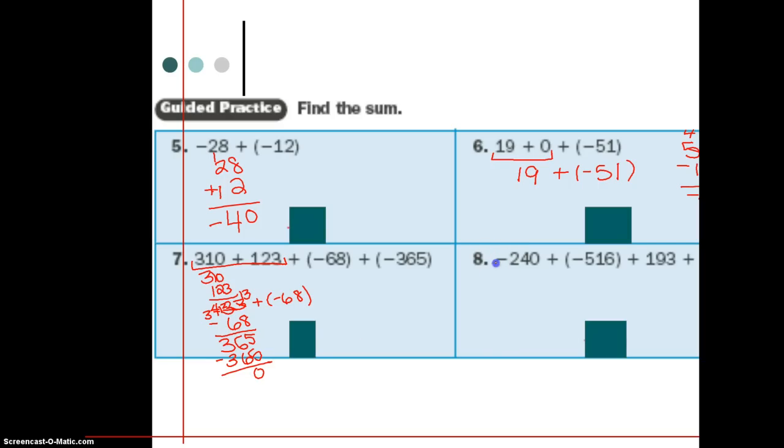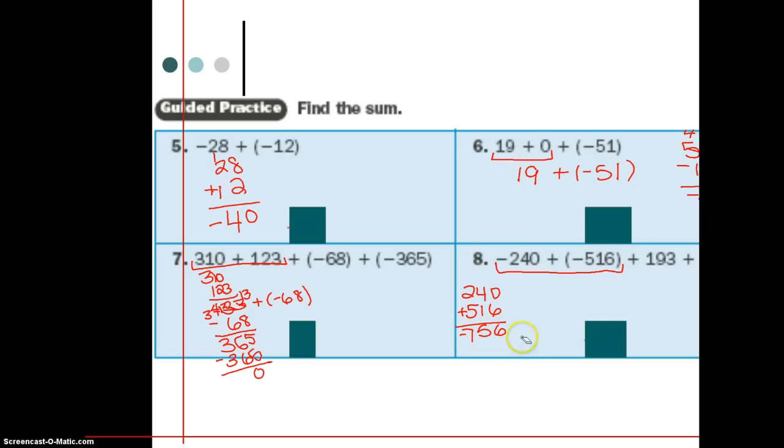Number 8, add these two because they're the same sign. And then add 193 to it because they're both, oh, this is actually a negative. Be careful. That's a negative because they're both negative, so that becomes a negative 756. Be careful because I almost missed that too.